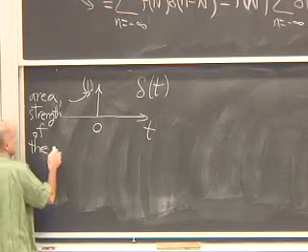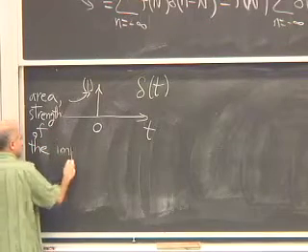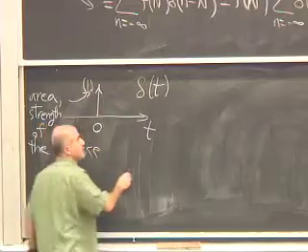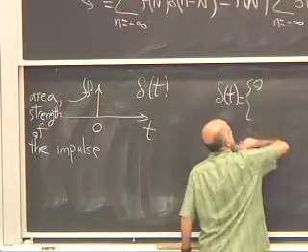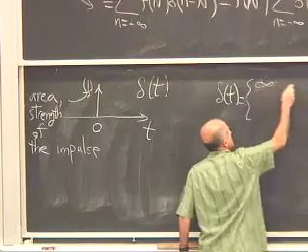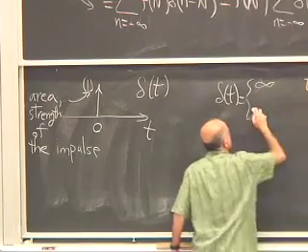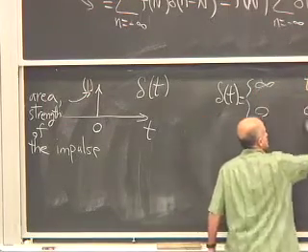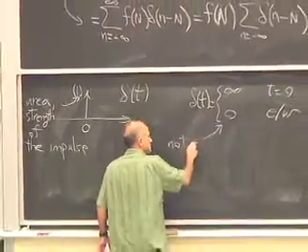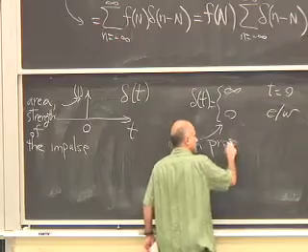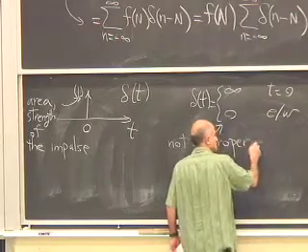It's not the height. If you want to talk about the height, delta of t would have to be infinity at t equals 0 and 0 elsewhere. This is not a proper definition of a function. It's not a useful definition.